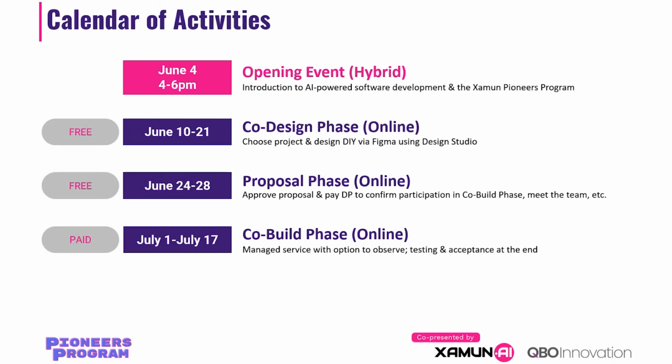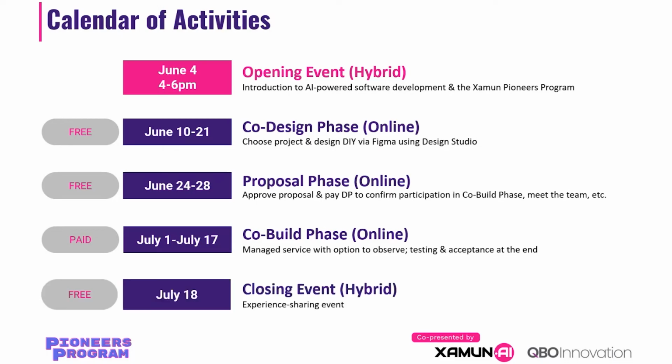We do need your time and effort, of course, because we will provide assistance. For this one, our partner Blast Asia will provide the service to develop using Xamarin. And then we will have a closing event at the end, which is mostly an experience sharing event.